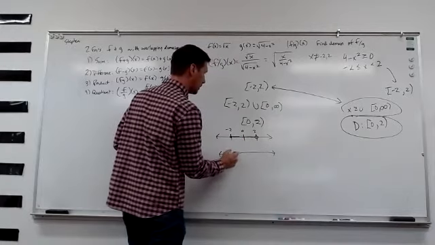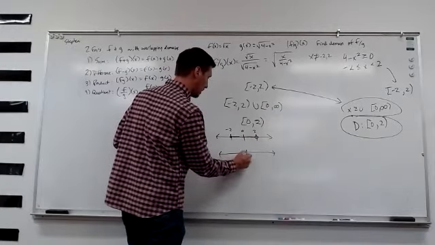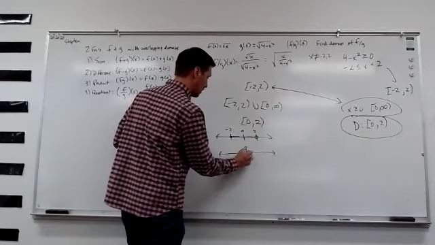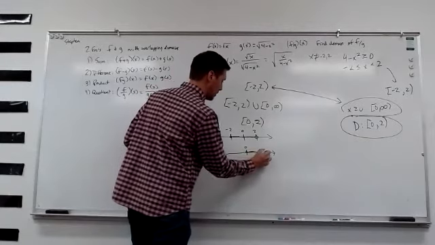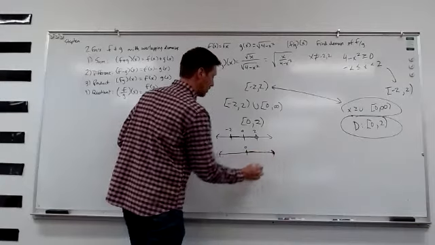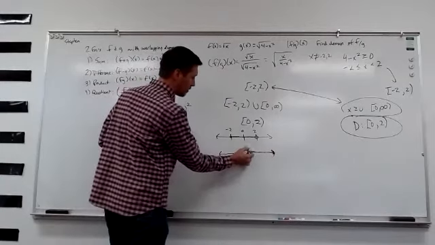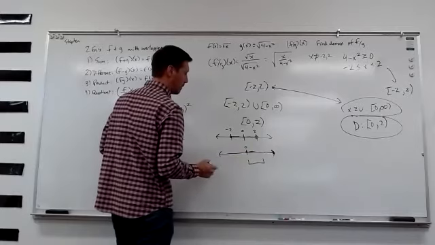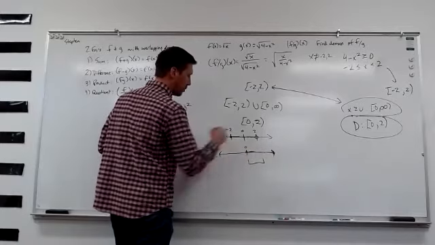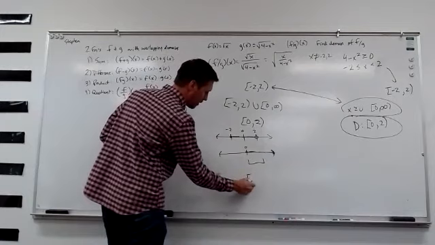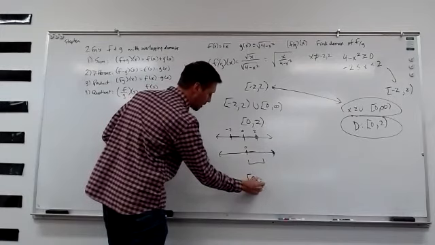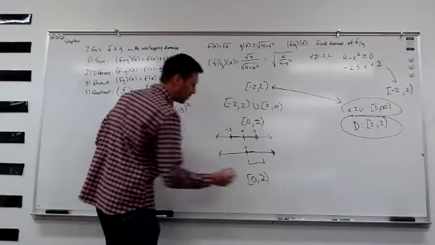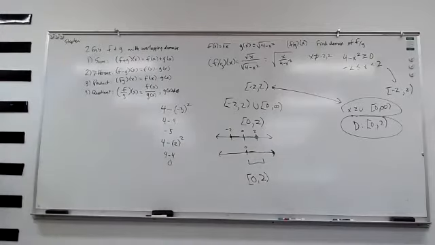And our other one goes from 0, from this point here, all the way to infinity. So the only point where these guys overlap is this section right here, right? But we have to remember that it's an open circle on the 2, so that's why our final domain is 0, 2 within parentheses. Okay?